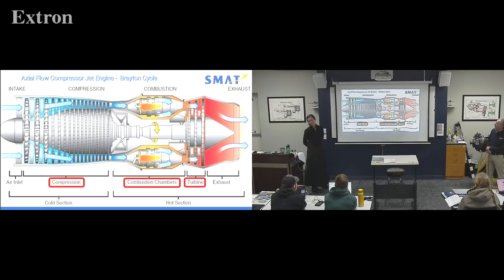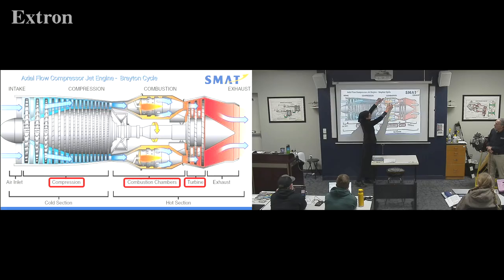So here's a question for you. I think you're going to be able to answer a question on the final right now based on the information you have so far. So exactly what Kirk said, building compression, more pressure, right before it goes into the combustion or burner section.